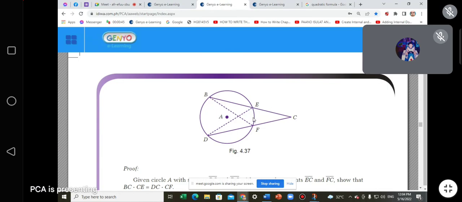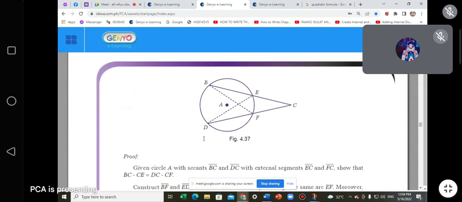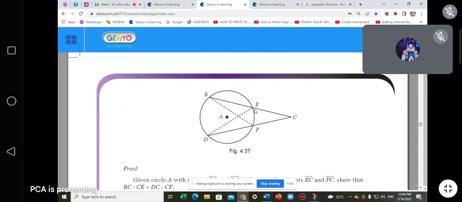Because B E, E C is the first theorem, the previous theorem, ahead of this one. This one considers the whole segment BC times the external part of that secant, which is EC. Again, the whole segment BC times the external EC.